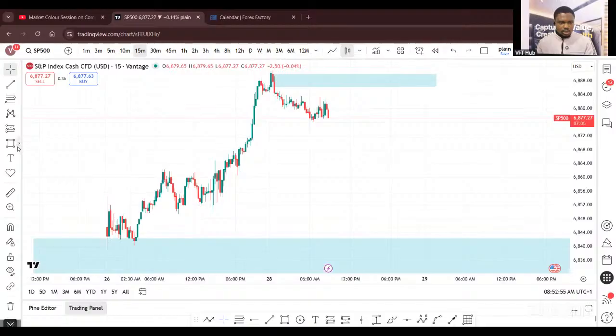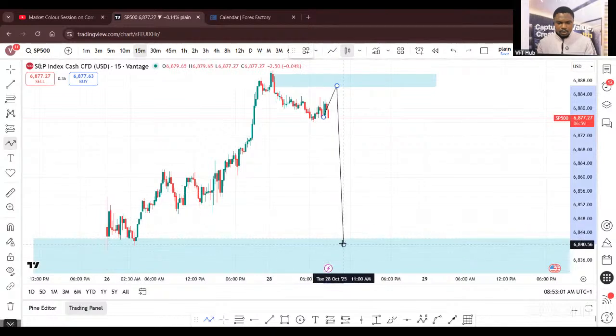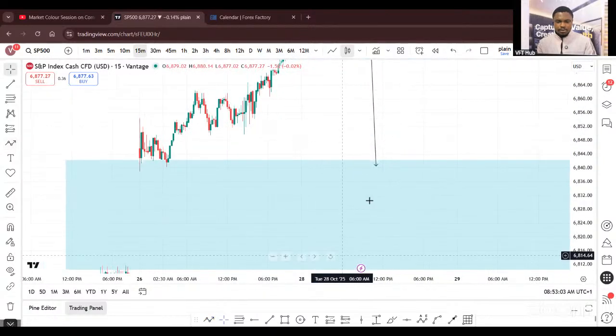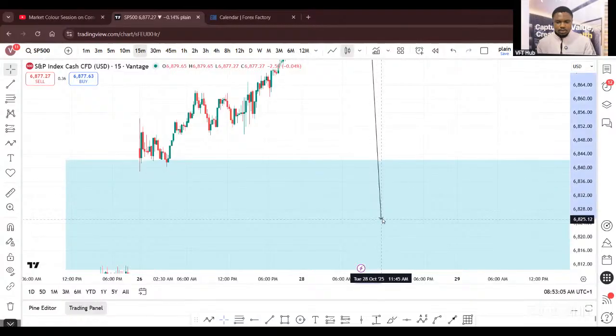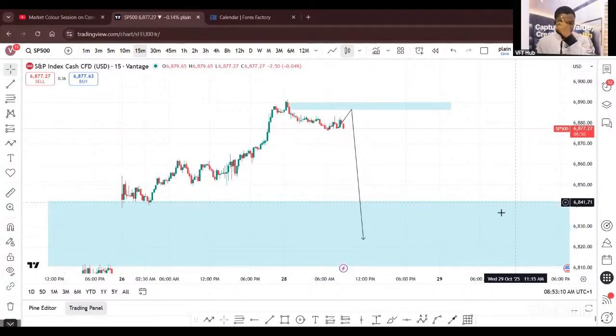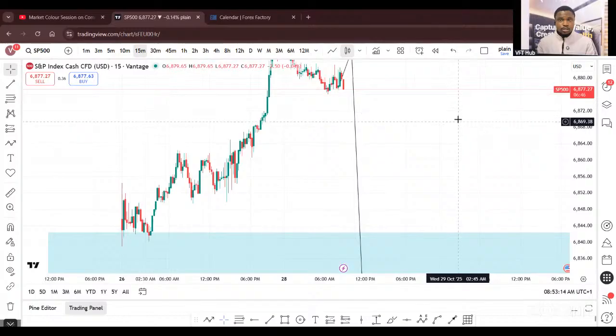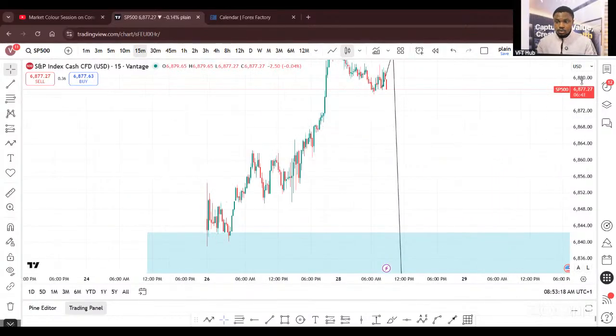Nothing much, and it's a quick in and out kind of trade. Then come here into this zone, probably 50% of the zone, and then we'll continue our push to the upside once again, because the market is really, really bullish. And if it's bullish, you don't want to be on the wrong side, because it's so volatile.